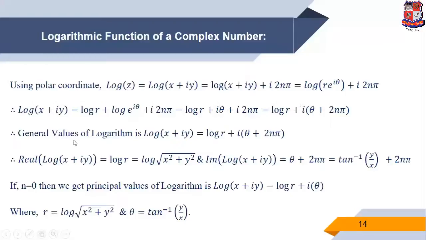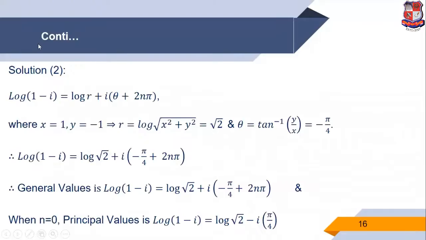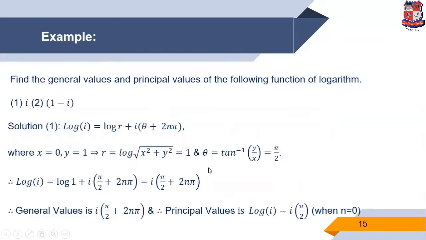So the general value of the logarithm, this formula is very important. The general value of the logarithm, capital log z, is equal to log r plus i times theta plus 2n pi.